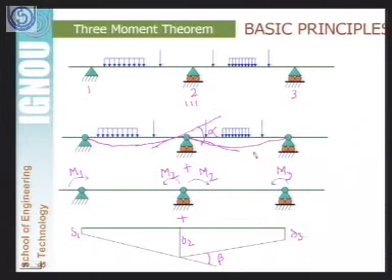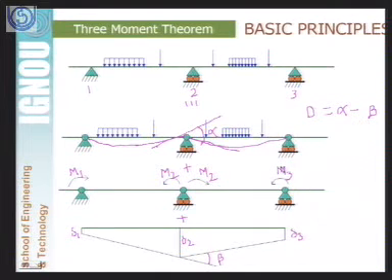So friends, you can see this alpha and beta are in opposite directions, so you can say that the net rotation will be d equal to alpha minus beta.